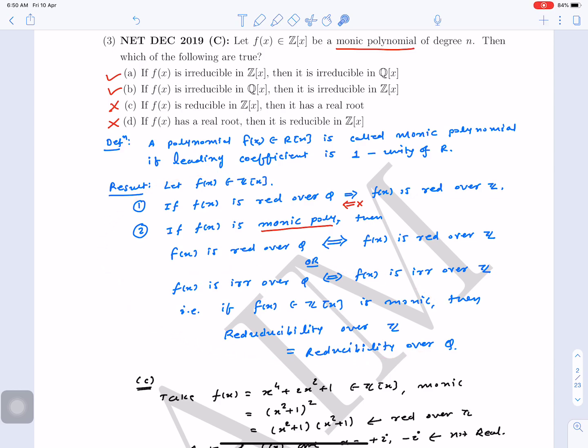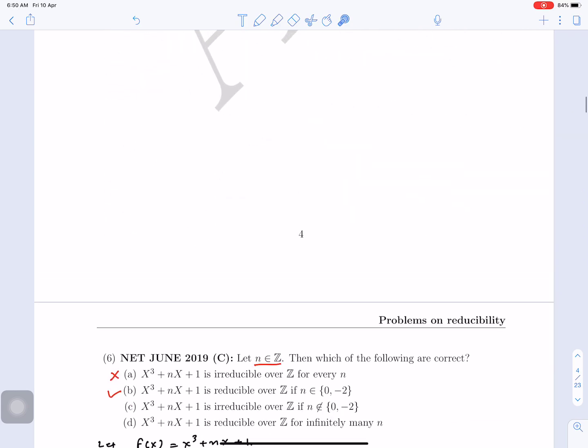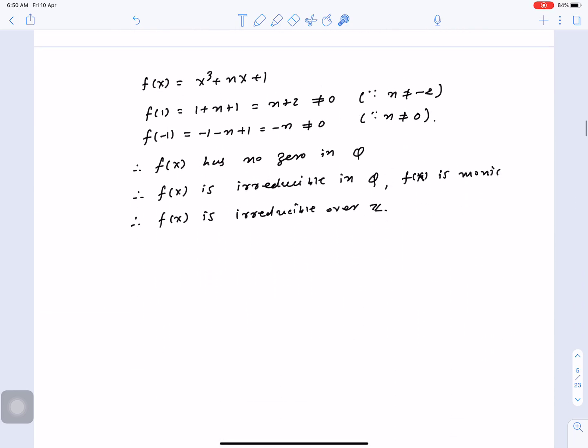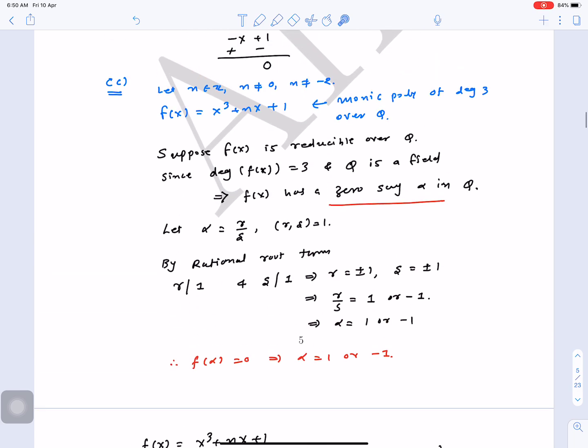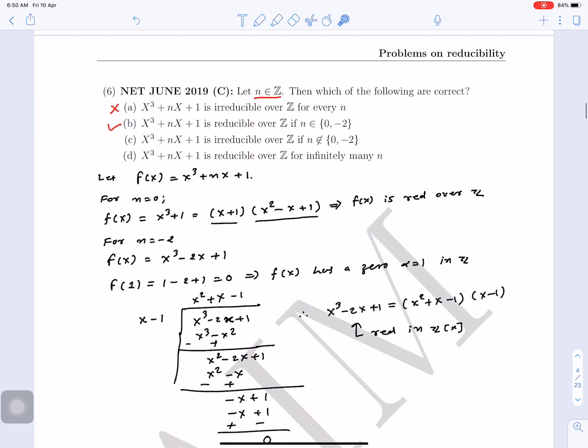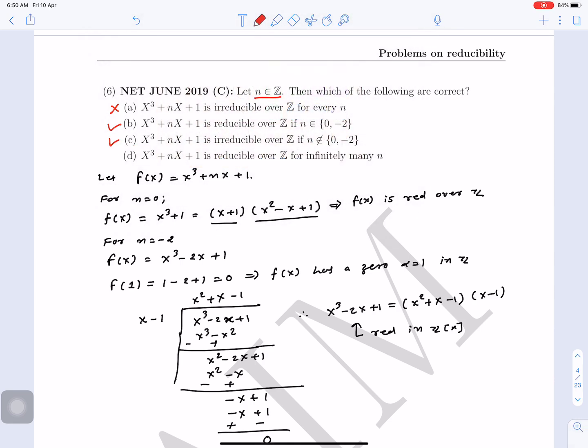This is a result which I am using here also. Therefore f(x) is irreducible over Z. So finally what I get, if n is not equal to 0 and minus 2, then it is irreducible over Z. So this option C is correct.